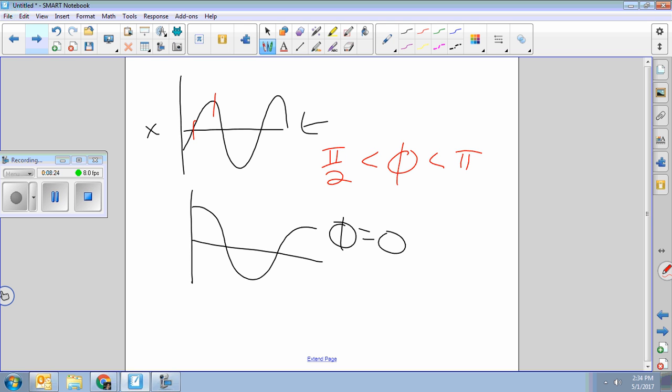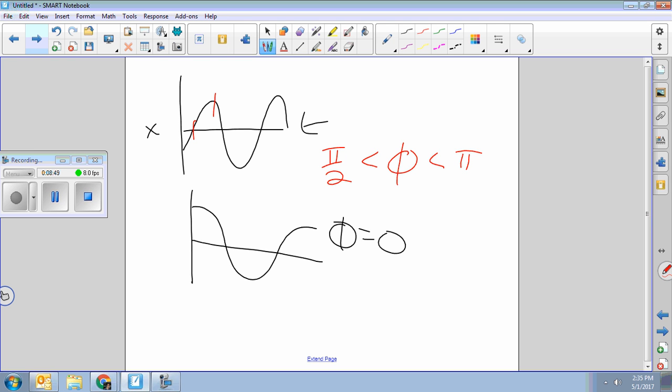All right, so, let's see, that's not one of my choices, though, is it? So remember, you guys, when you do phase shift, anytime you shift over by 2 pi, that doesn't change it, right?